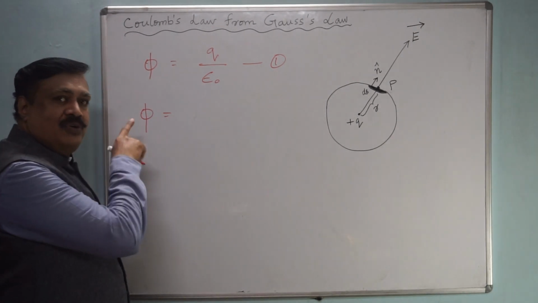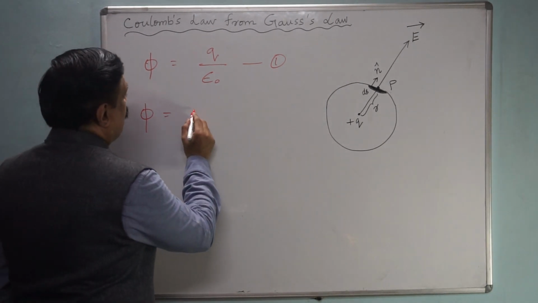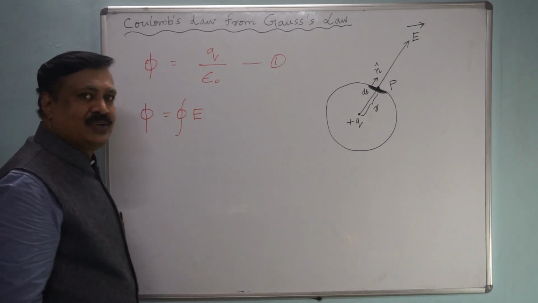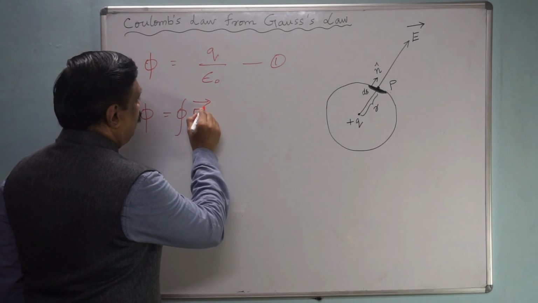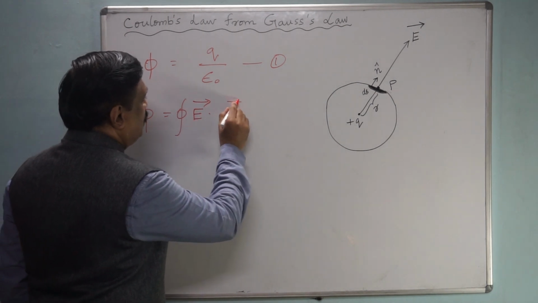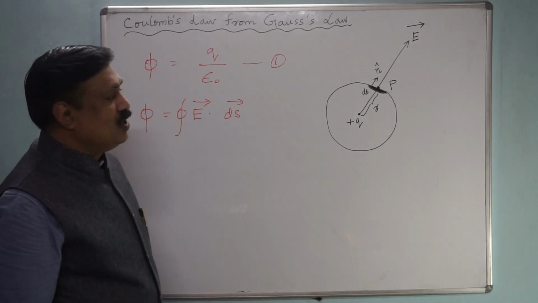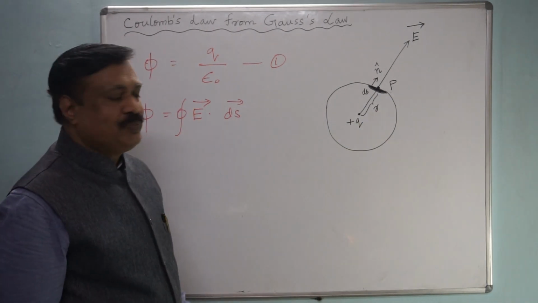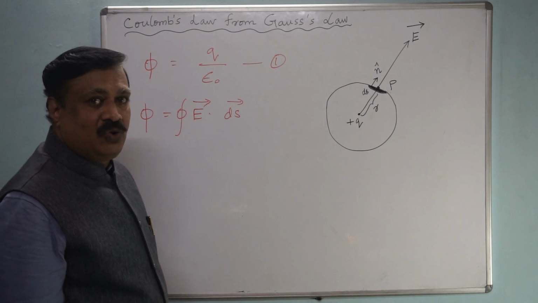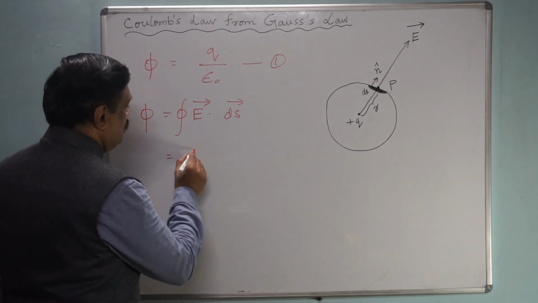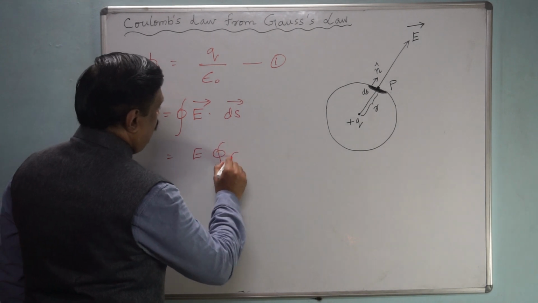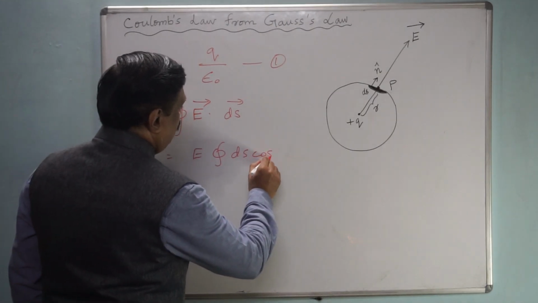Electric flux phi equals the surface integral of electric field E dot ds. Both are vectors. Now you have to convert into scalar, that means you eliminate the vector. So E surface integral ds cos theta.